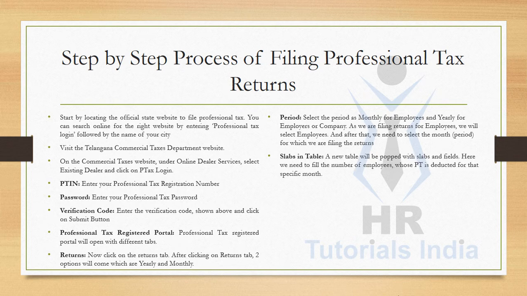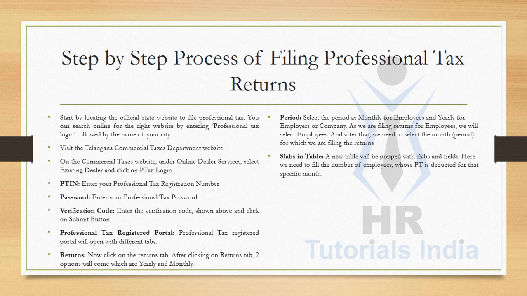Once we select the monthly returns option, a table of professional tax slabs will be displayed at the bottom. Here, different slabs with respect to the state professional tax department will be displayed along with the field for number of employees, which needs to be entered. Depending upon the number of employees in the company for whom professional tax has been deducted and paid to the professional tax department, the same number has to be entered there.